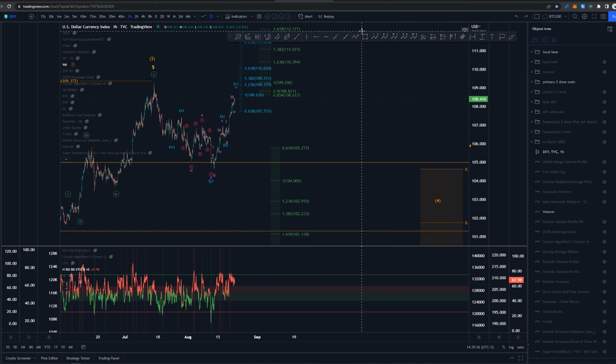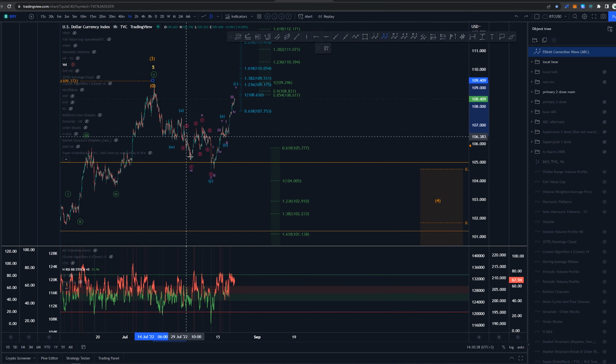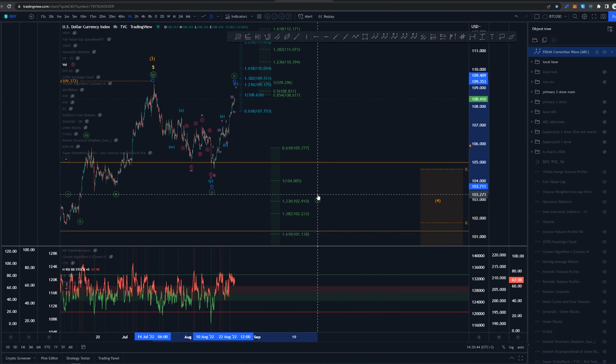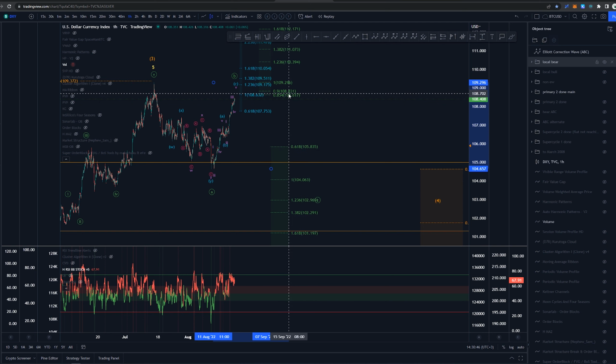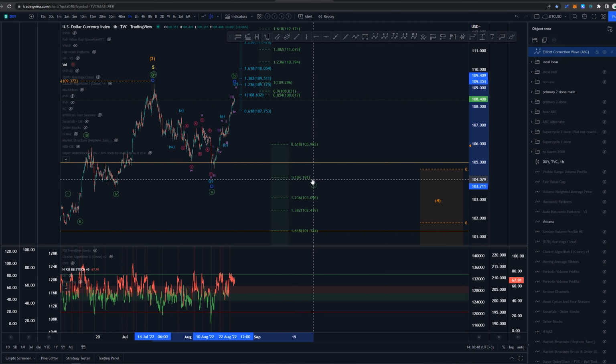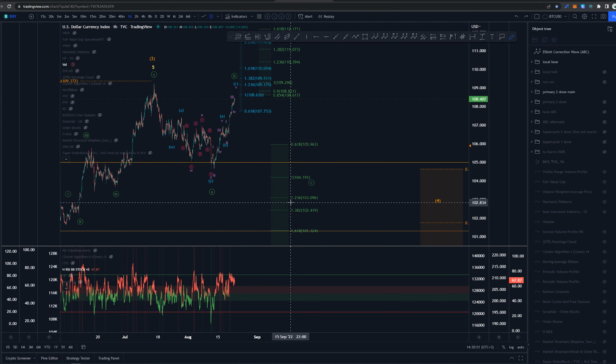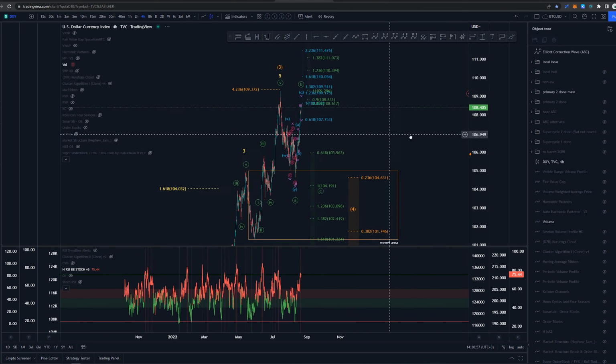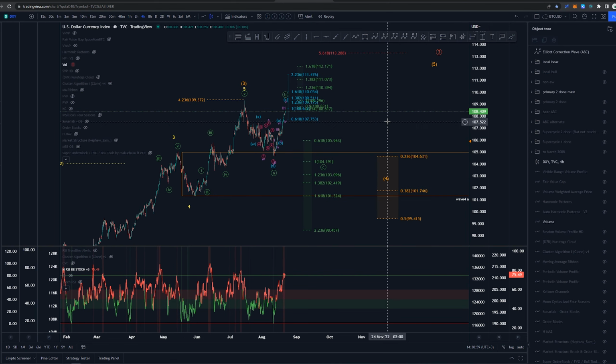So generally what we would be looking for is a flat here, A, B, and then C. Measuring from 0.9, 1-to-1 would be taking out these current lows. 1.236 would be around $103. And that would be looking pretty nice as well, to be honest.